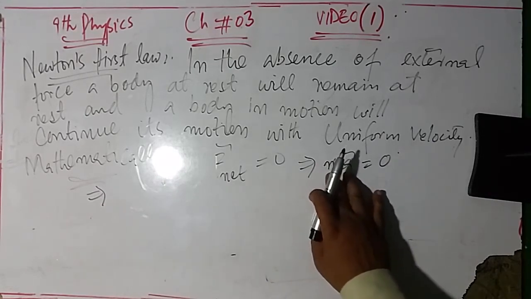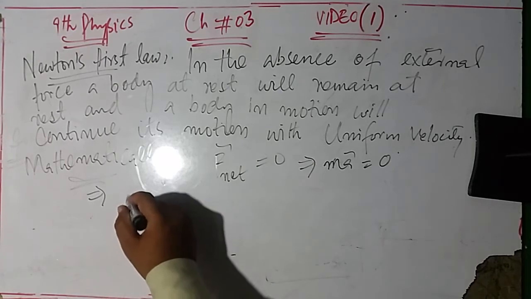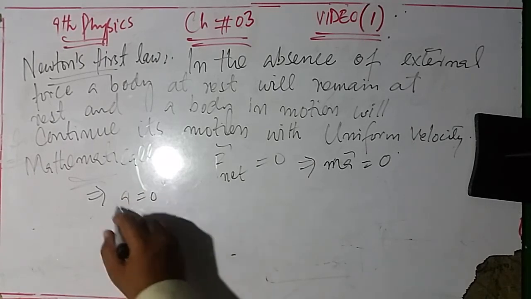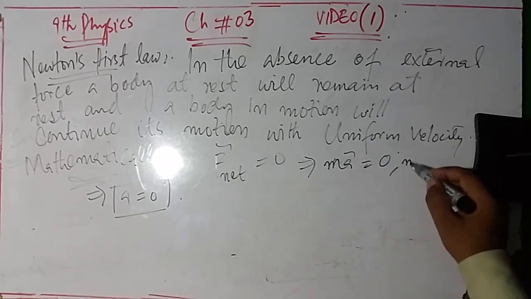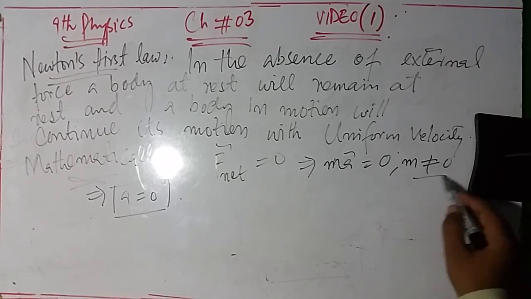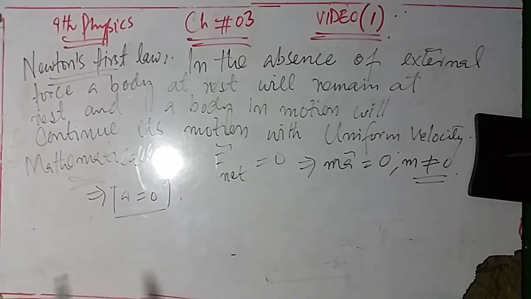The product of two numbers equals 0, so one of them must be 0. Here mass is not equal to 0, so acceleration will be equal to 0.